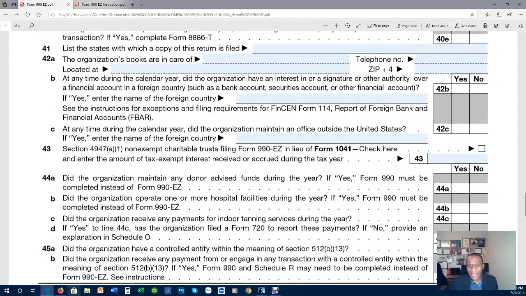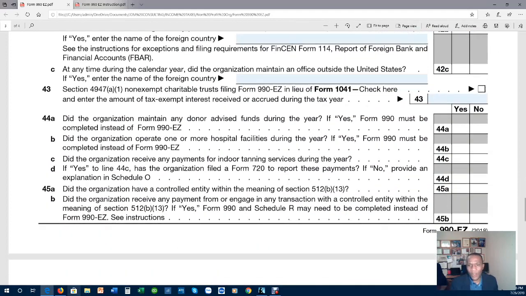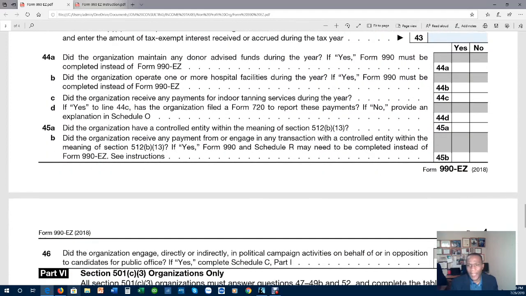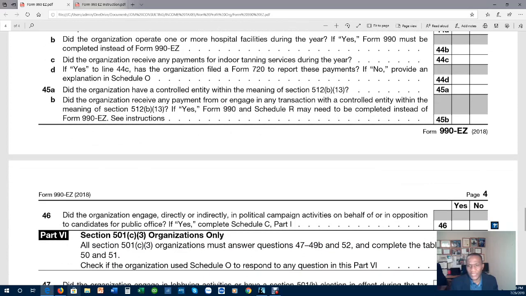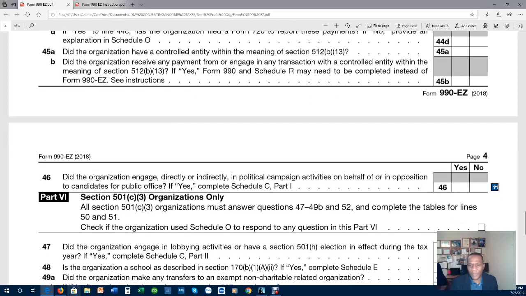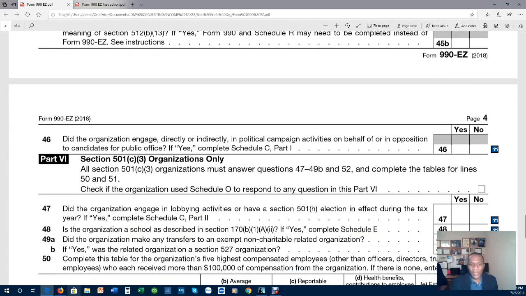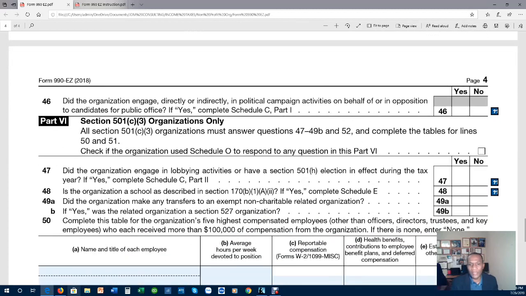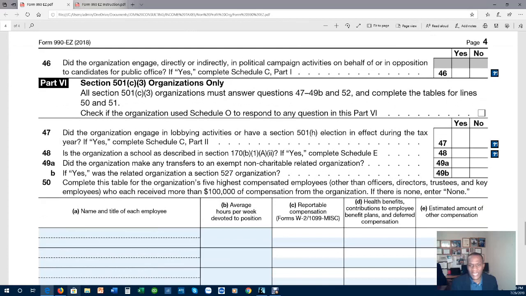So basically, you have to go through every single line of these forms and enter the necessary information, and if it is required for you to review Schedule O, make sure that you review Schedule O to ensure that the information you are entering corresponds with Schedule O.